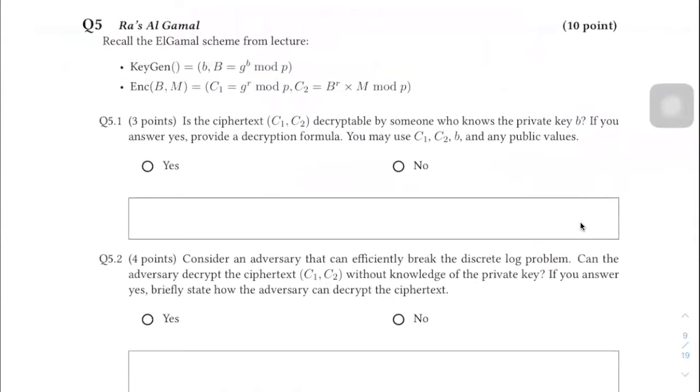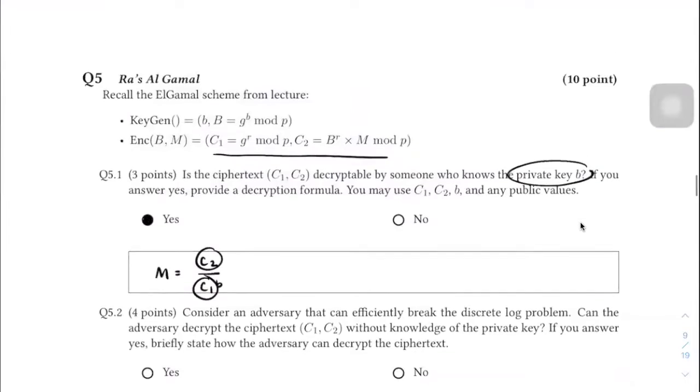Is the ciphertext C1 and C2, defined in this very same way that we just went over, decryptable by someone who knows the private key B, so knows Bob's private key? The answer to this is yes. The reason is, if you think back to how we got M, we needed to take C2 and divide that by C1 raised to the B. C2 and C1 are sent out in public.